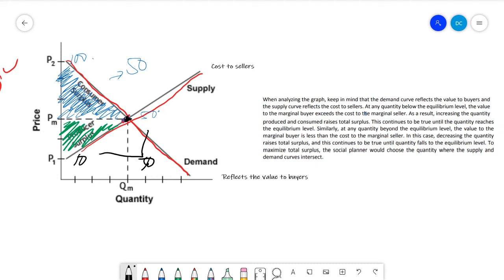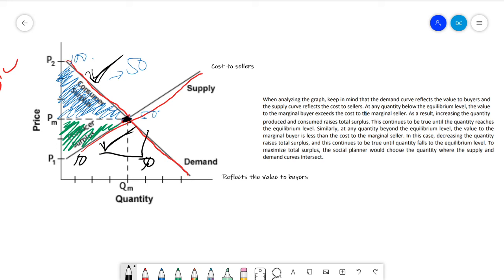At this point, both consumers and producers benefit from the market as they participate in the market. And at this point, as the consumer benefits from the market and the producer benefits from the market, the market is efficient.